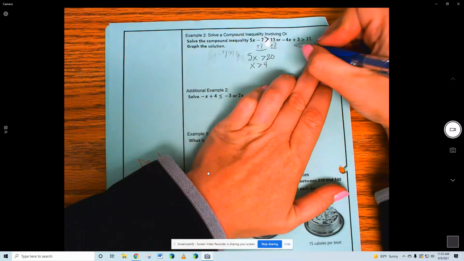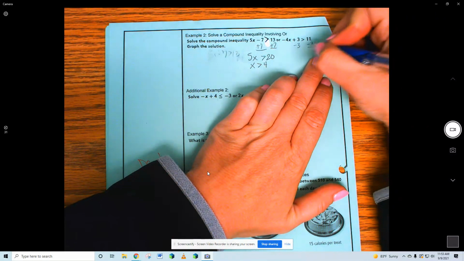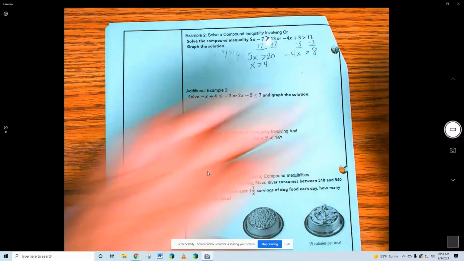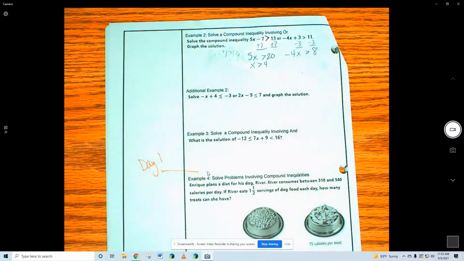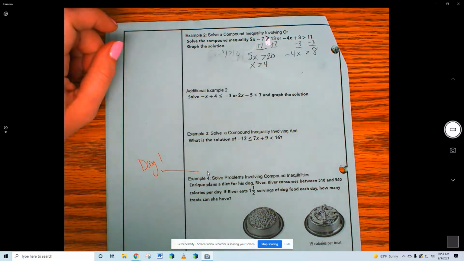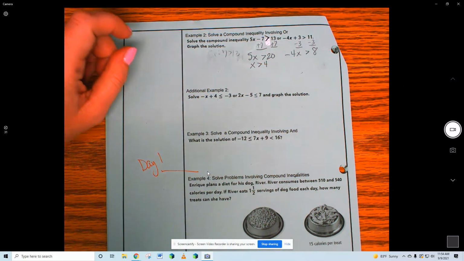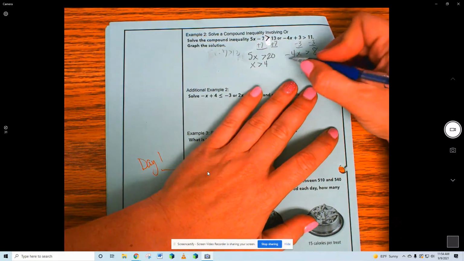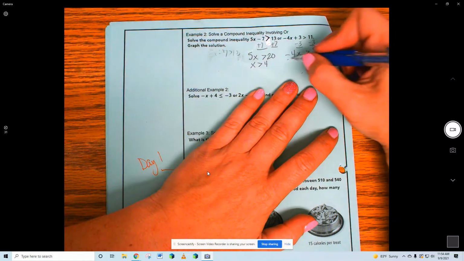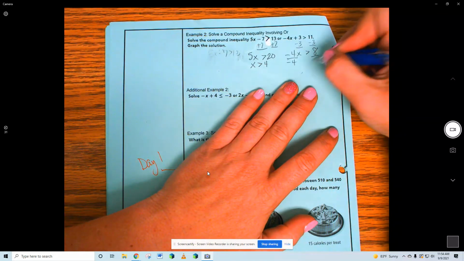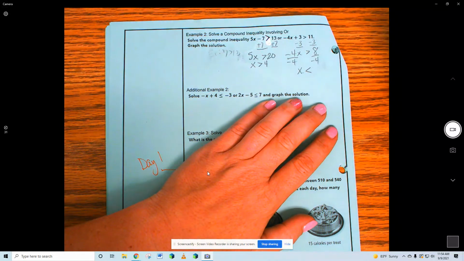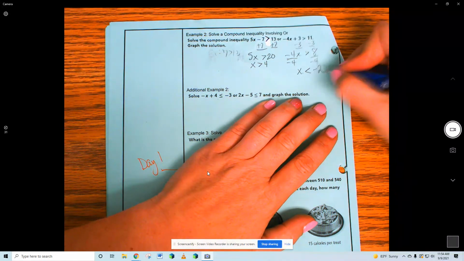Subtract 3. -4x is greater than 8. Divide both sides by negative. Ding, ding, ding. What happens? Switch the inequality. Less than now. Whenever you multiply or divide by a negative.